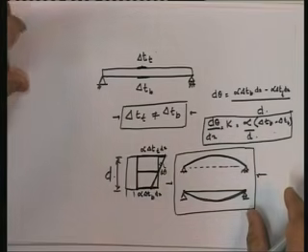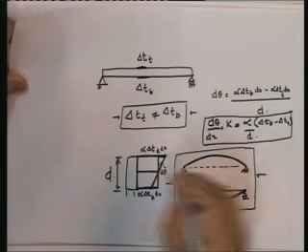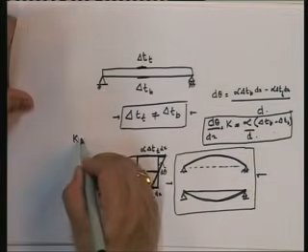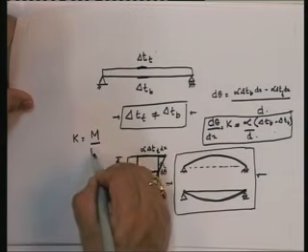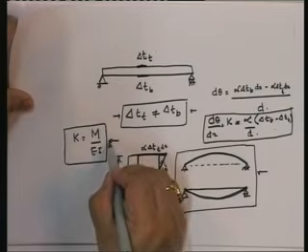And once you have the real curvature, then how do you find out anything? Well, this is the real curvature. What we did was that we also evolved that real curvature was M upon EI when you have loading.